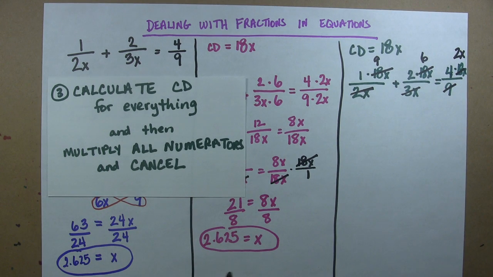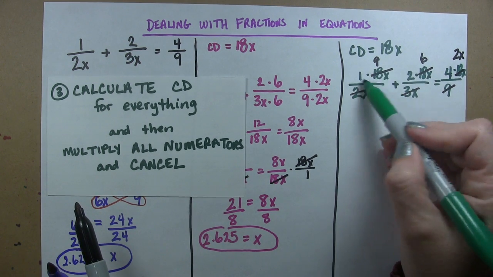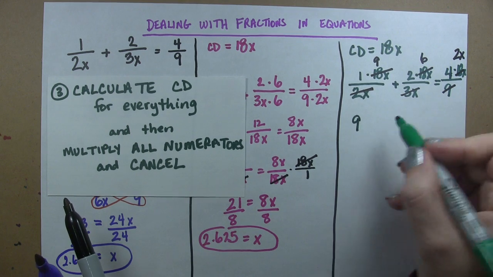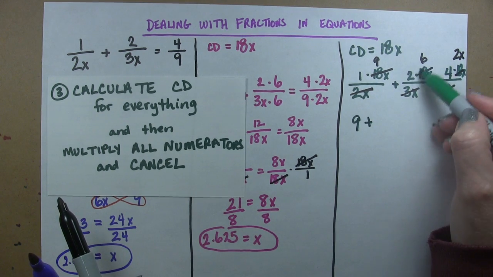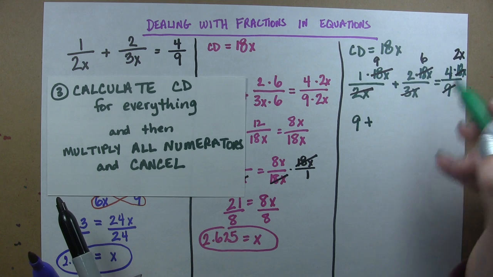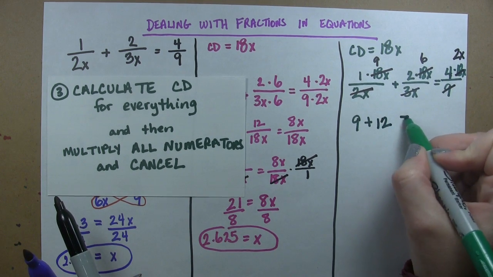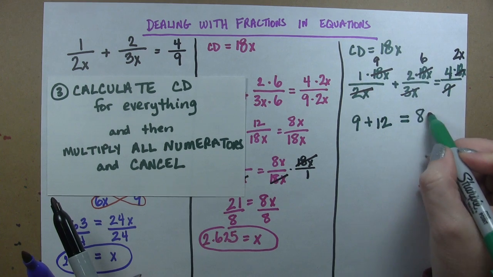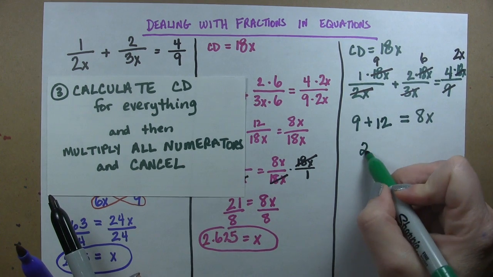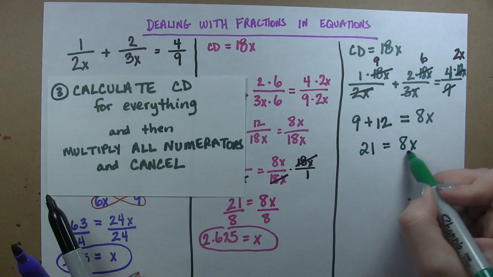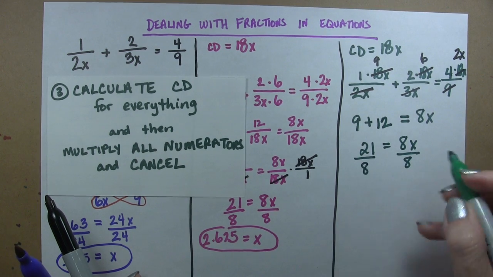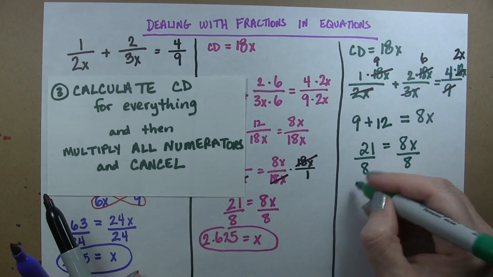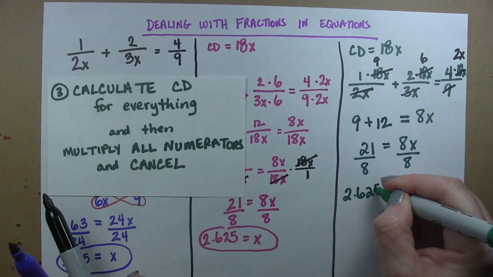So that leaves us with, this is all gone except for the 9 times 1, so 9 plus, and this is going to be 6 times 2 that's left, so that's 12, equals, and this is 4 times 2x, which is 8x. So that's 21 equals 8x. Divide both sides by 8, and x equals 2.625.